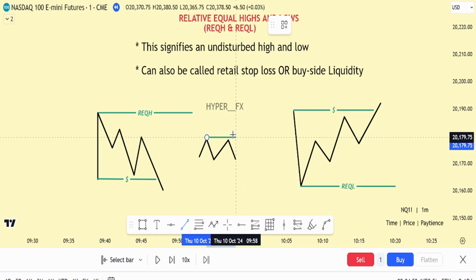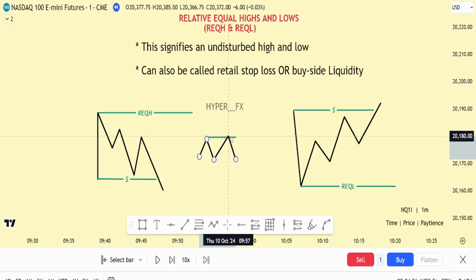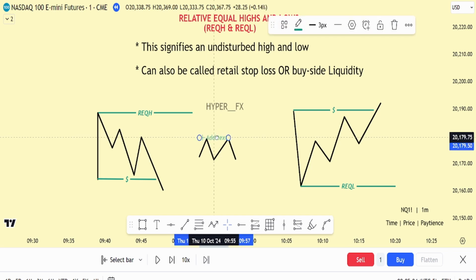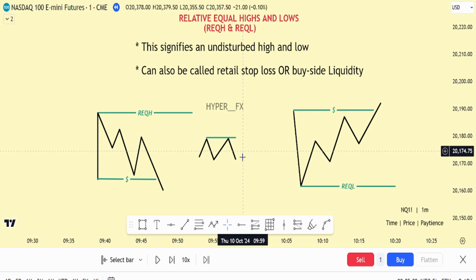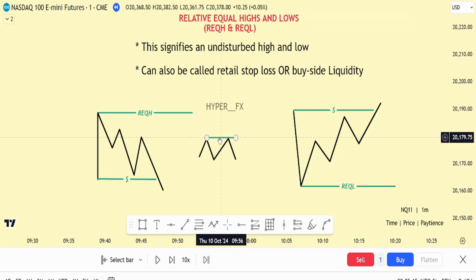Remember that relative equal highs and lows doesn't mean that the highs and lows are exactly equal like this. It is some kind of a conflicting term. I am not the one that coined this term. It was coined by ICT himself.